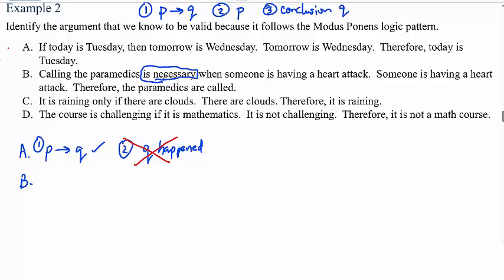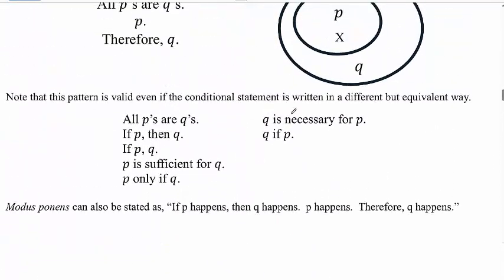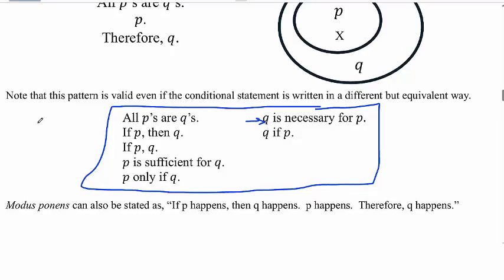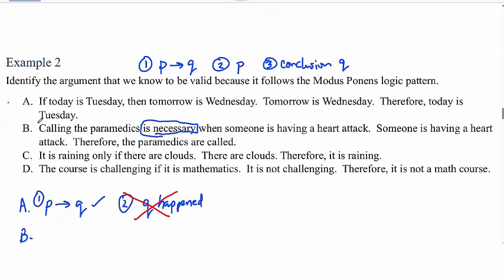So to know what is the P, the hypothesis, and what's the conclusion, we need to refer to the sentence pattern that has the keyword is necessary for. So let's go back up to this chart, which will be provided on your test. Okay, remember Q is necessary for P. The beginning of the sentence is actually the conclusion, and the end is the hypothesis. Okay, so let's label it that way here.